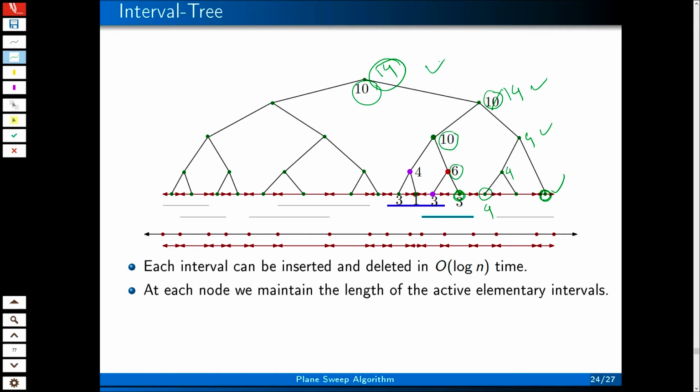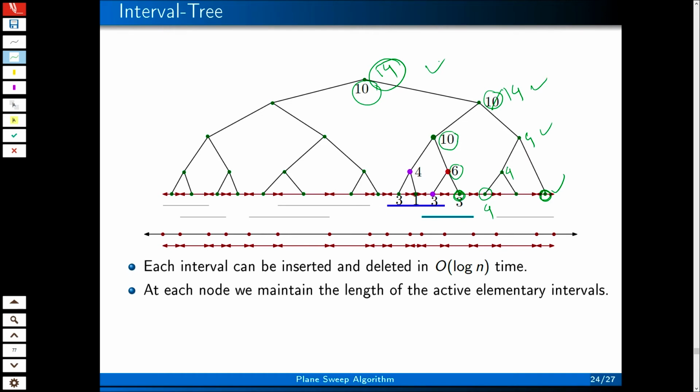Along the path from root to any leaf node, what is the length of the path? It is log n. While inserting a blue interval, how many places do I have to make changes? Log n. Log n into log n, log square n time required, changes I have to make.